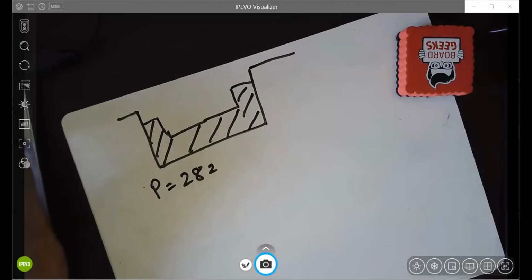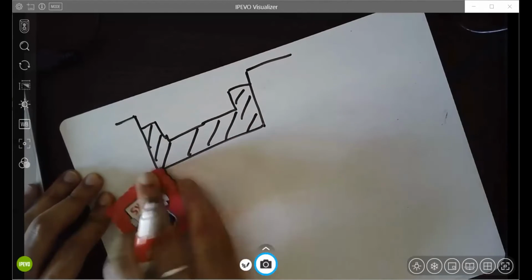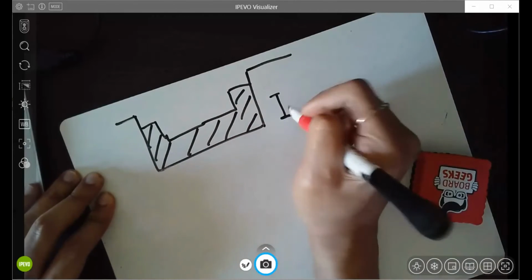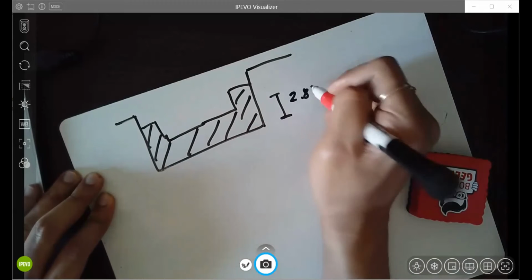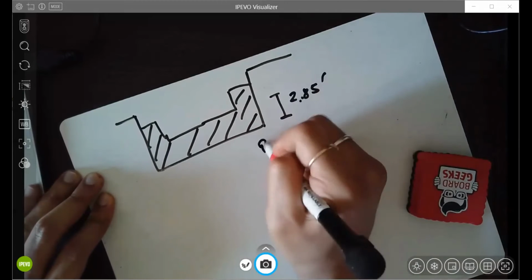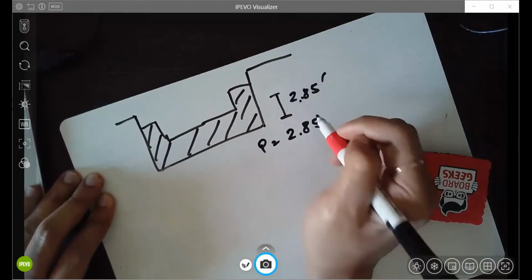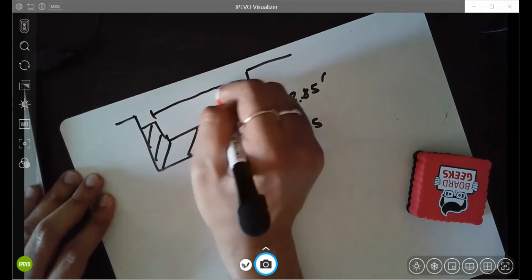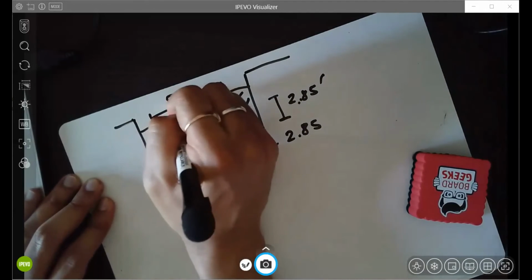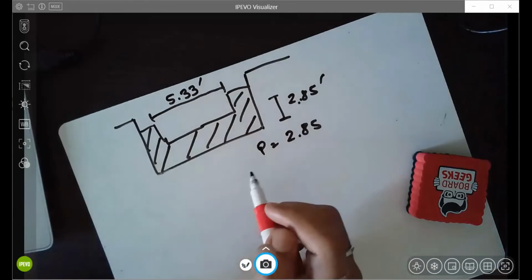So what did it say? This height is actually 2.85 feet. So P is 2.85. This is 5.33 feet.